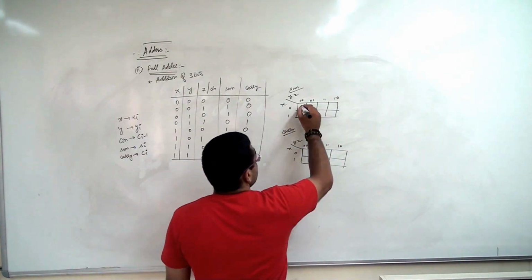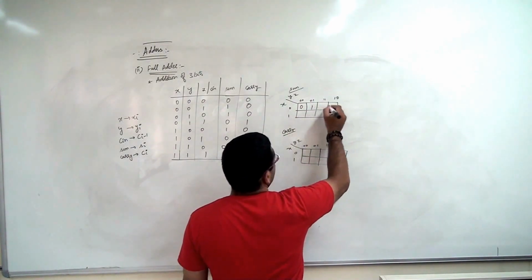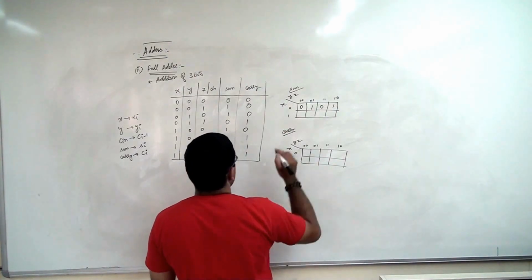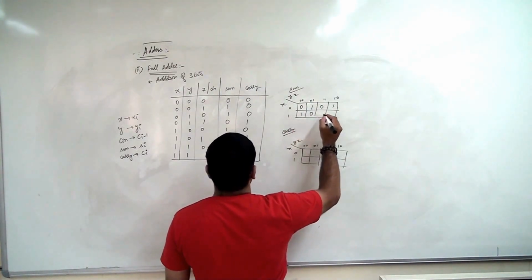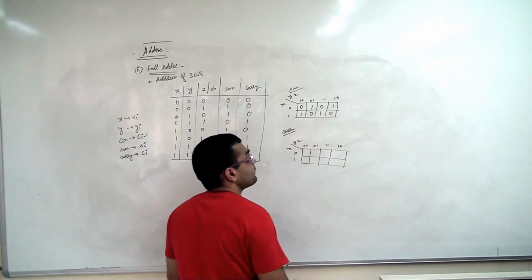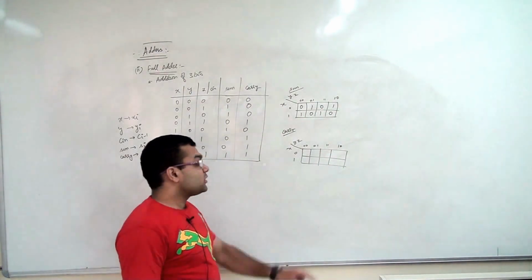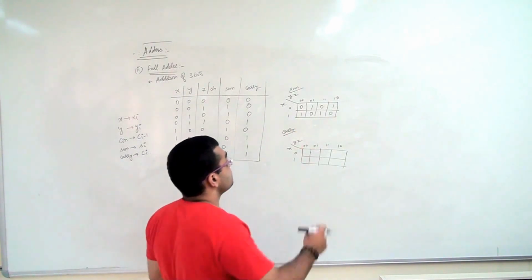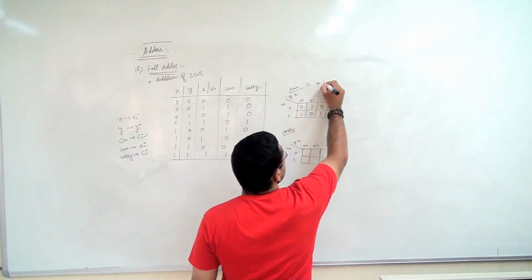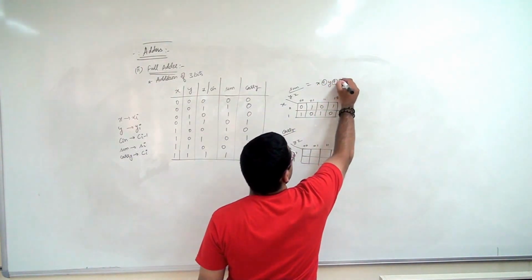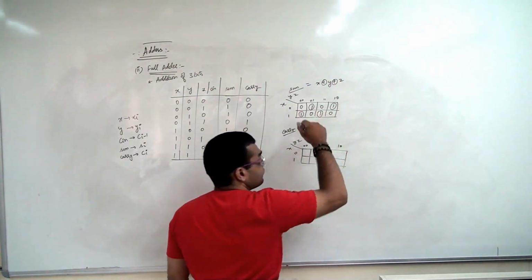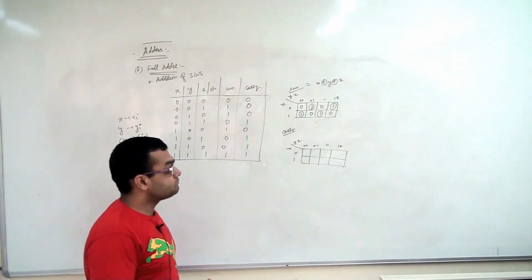So sum is our 0 1 0. Now this is the function we have seen in the XOR and XNOR simplification of the K-maps. This comes out to be X XOR Y XOR Z, because these are actually diagonals to each other, so they cannot form a pair, and if we simplify we get the answer.